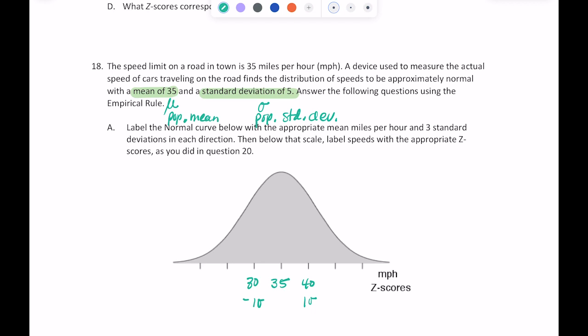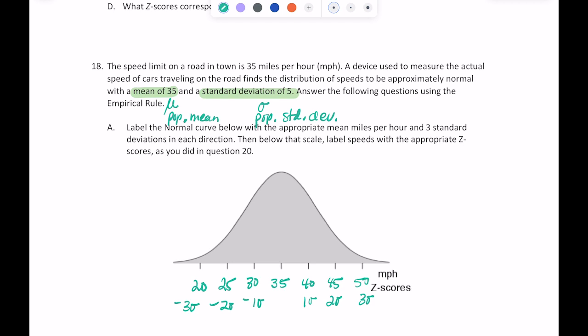Going back to the mean, 35 plus 5 gives us 40, 40 plus 5 is 45, 45 plus 5 is 50. So this is 2 standard deviations, 3 standard deviations. If I go backwards, I just subtract 5 each time. So 25 miles per hour is 2 standard deviations below, and 20 miles per hour is 3 standard deviations below. So there's my normal distribution set up according to this problem.